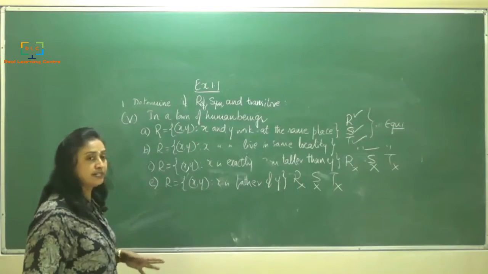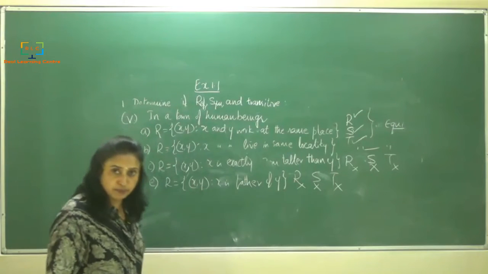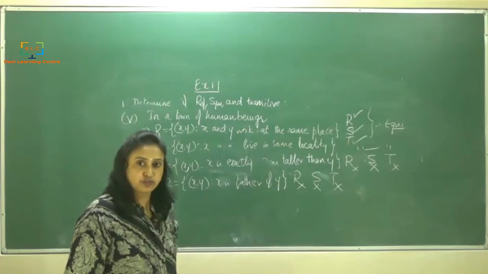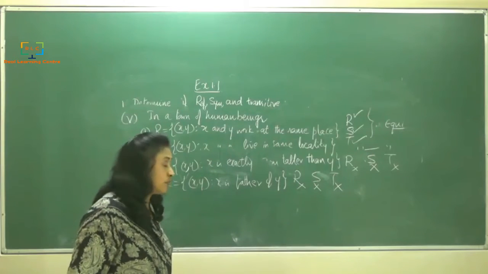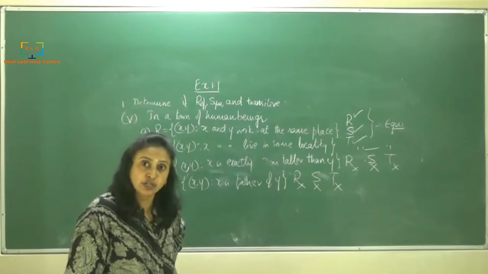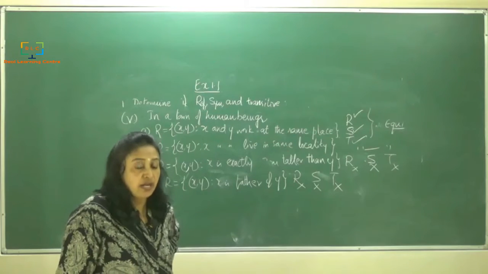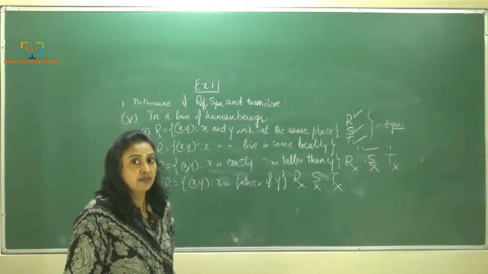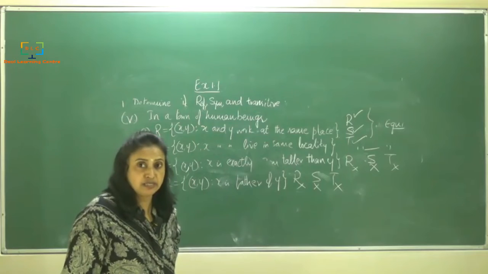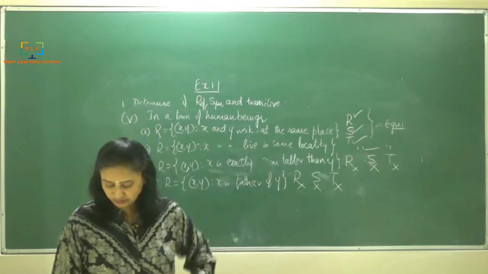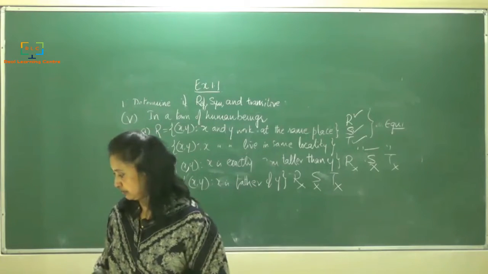So whatever kind of relation they have given among numbers or among a set of straight lines or among certain persons or some places, you can always create the relation and see whether they are reflexive, symmetric or transitive. And if it is all three of these, then we call it an equivalence relation. Now, these are the things that you have learnt in reflexivity and transitivity.